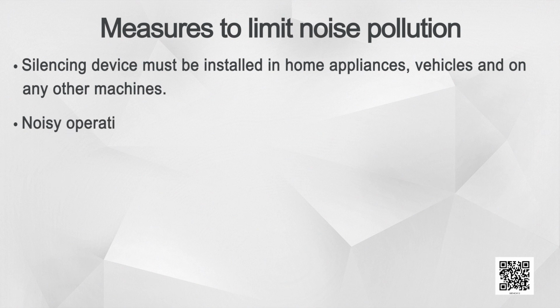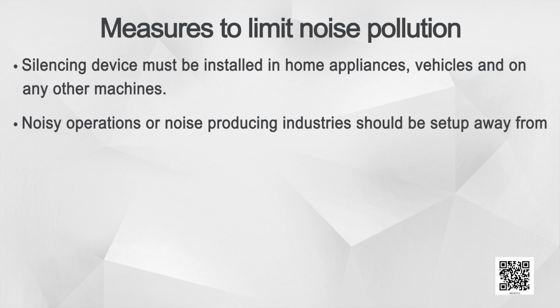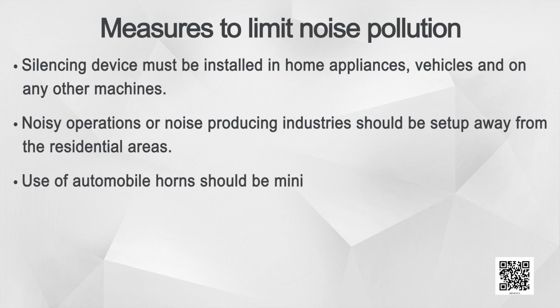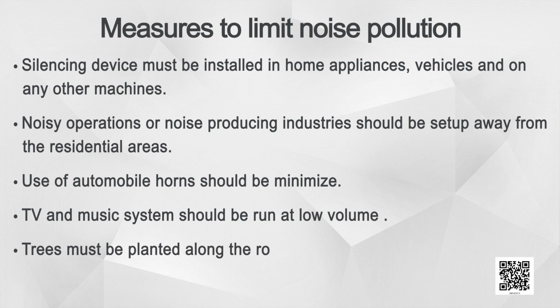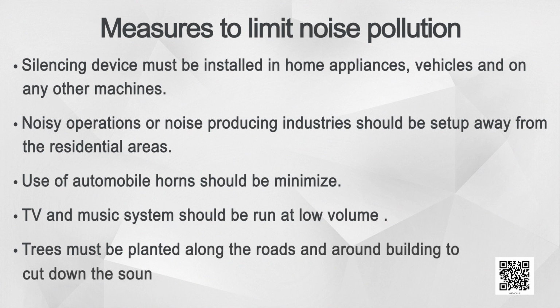Noisy operations and noise producing industries should be set up away from the residential areas. Use of automobiles' horns should be minimized. TV and music systems should be run at low volumes. Trees must be planted along the roads and around buildings to cut down the sound reaching the residents.